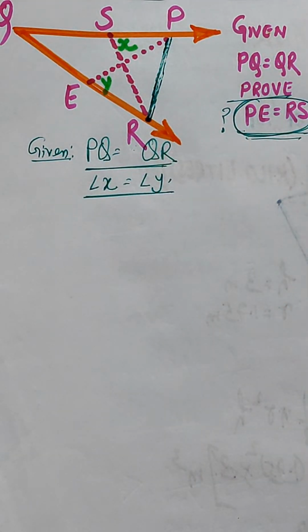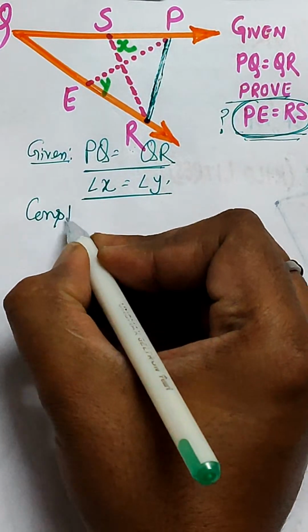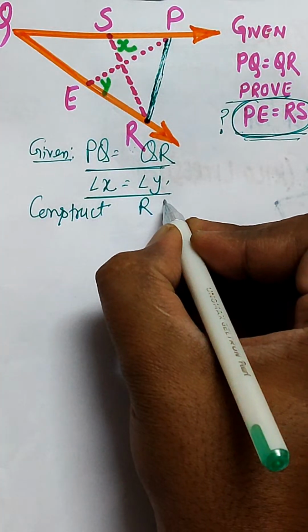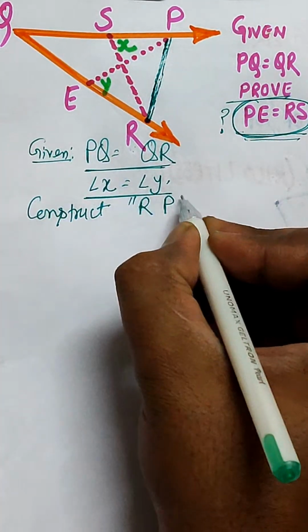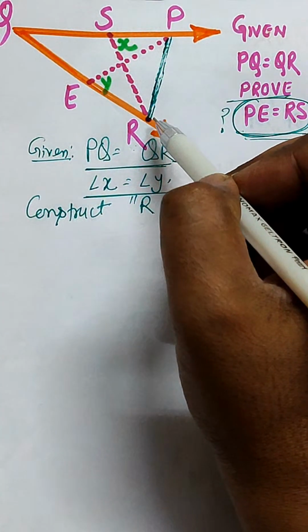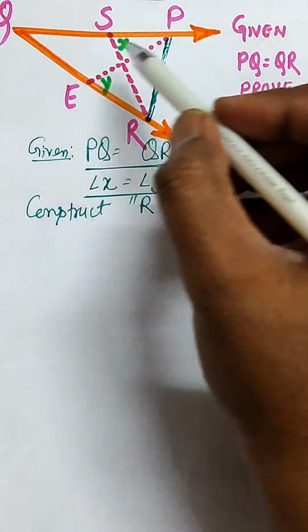When you construct RP, you can see two triangles are forming, right? Two triangles are forming.